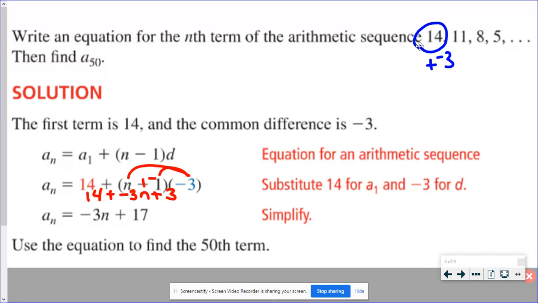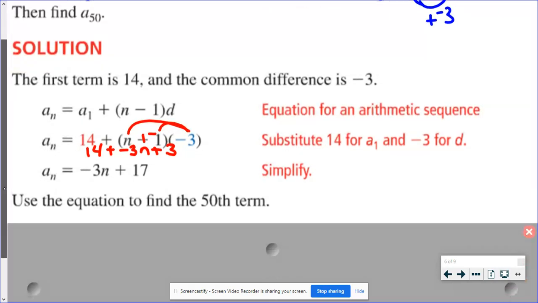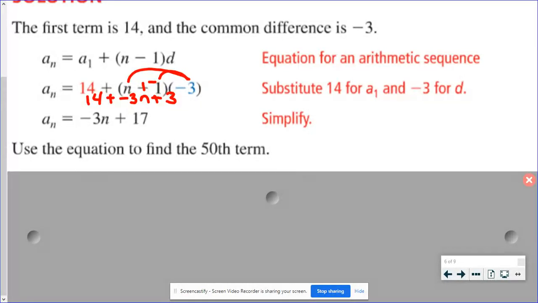If I want to find the 50th term, I don't want to take that sequence from the top of the screen and write out 50 numbers. That's ridiculous. There's a much easier way to do this. The 50th term just means that I want to find when n is 50. So I'm looking at this n right here, and that n right there.